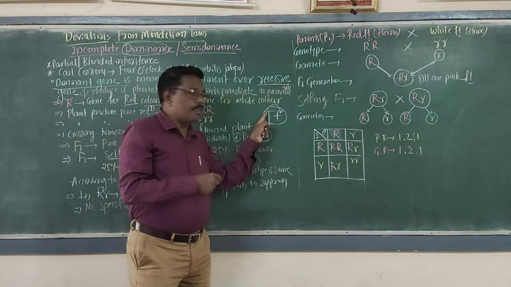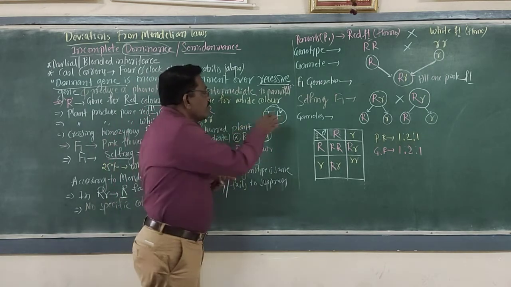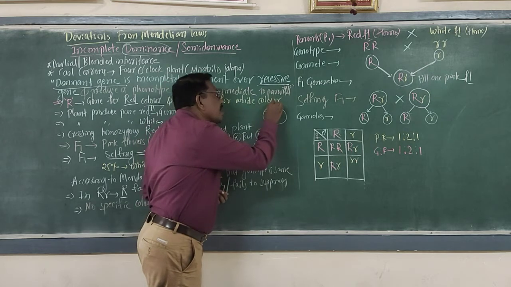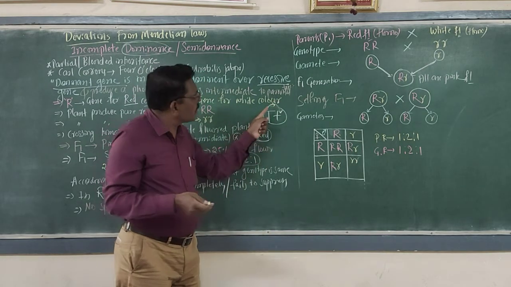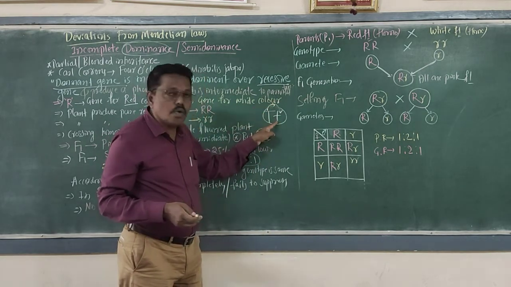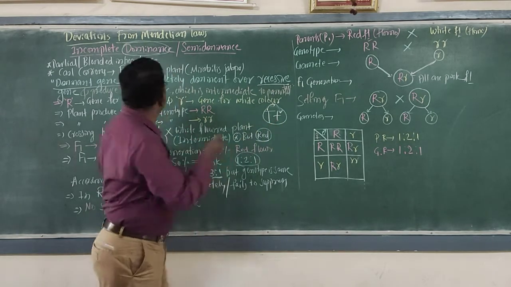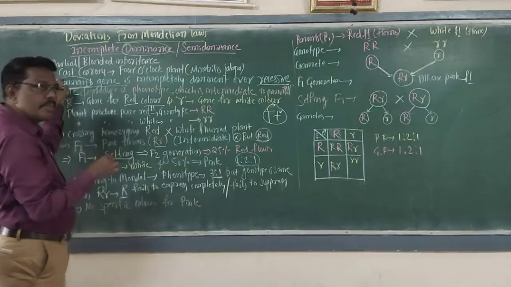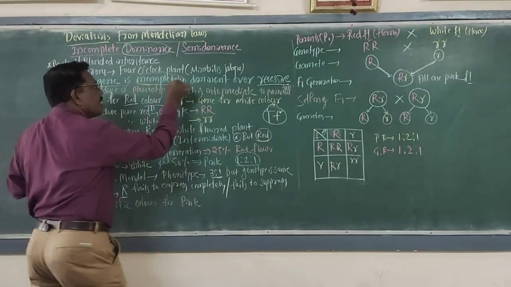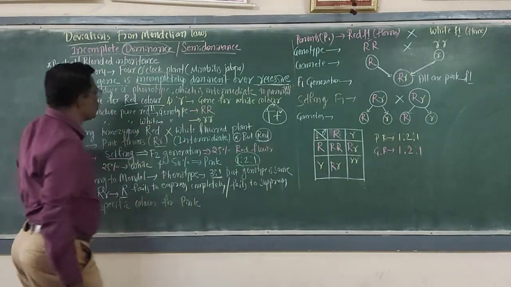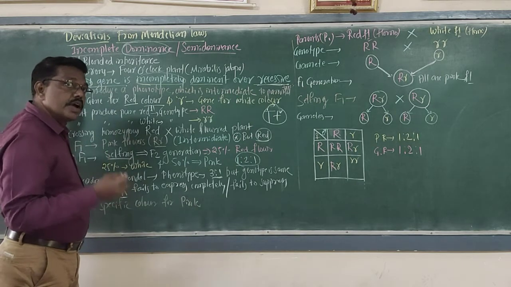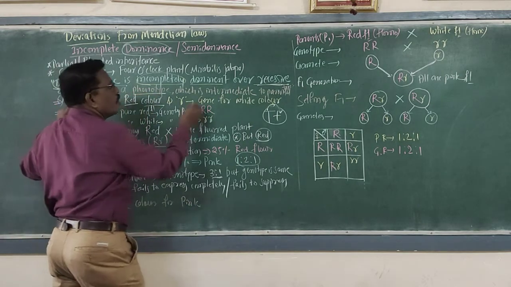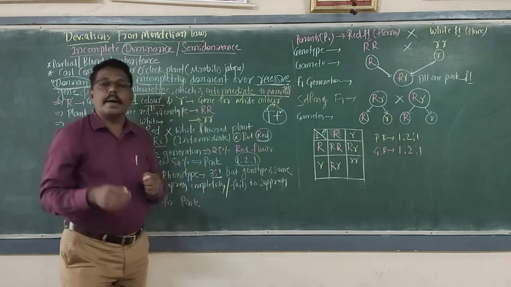Within the four o'clock plant, the dominant gene is not completely dominant; it is incompletely dominant over the recessive gene, and it will produce a phenotype which is intermediate to its parents.